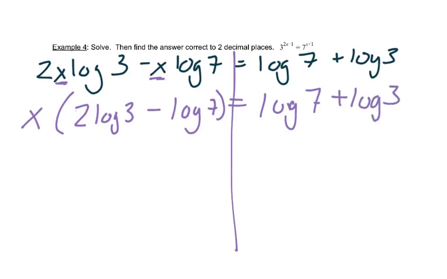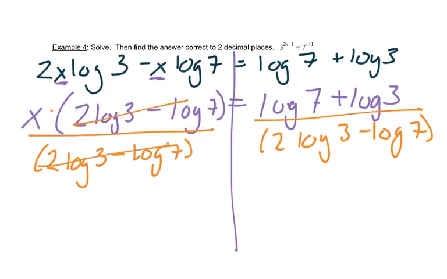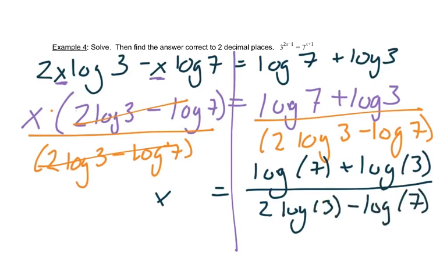So now this is really x times all of this, so I can divide by that big long piece on both sides to get x by itself. So that gives me x is equal to log of 7 plus log of 3 over 2 times log of 3 minus log of 7.